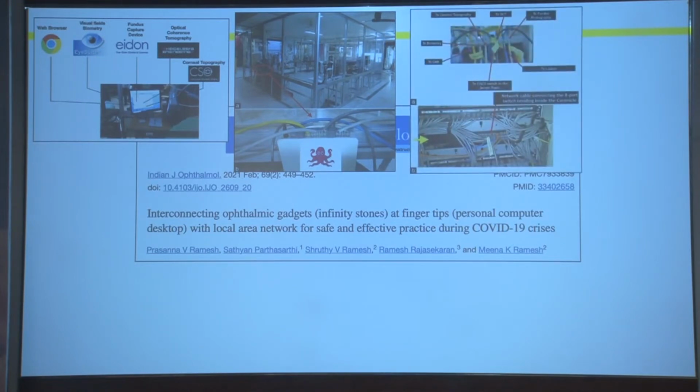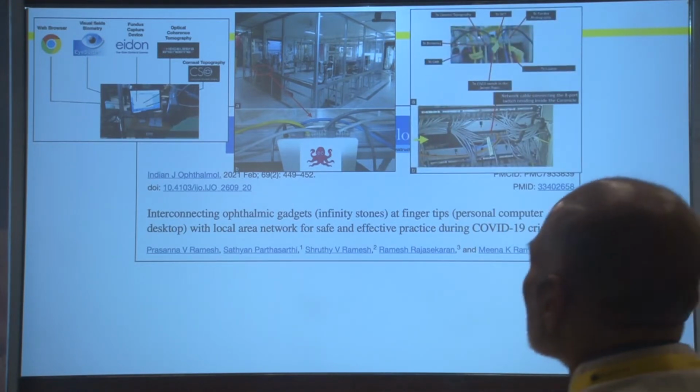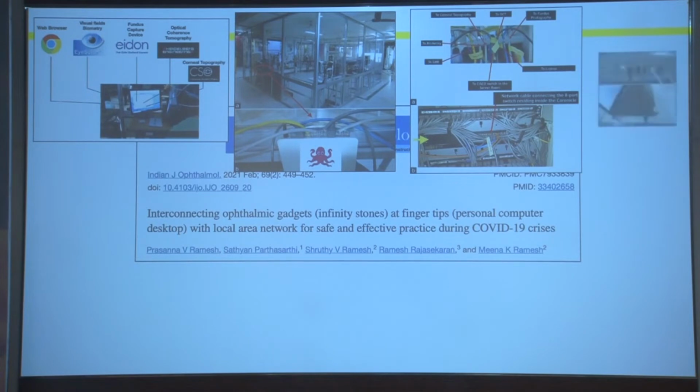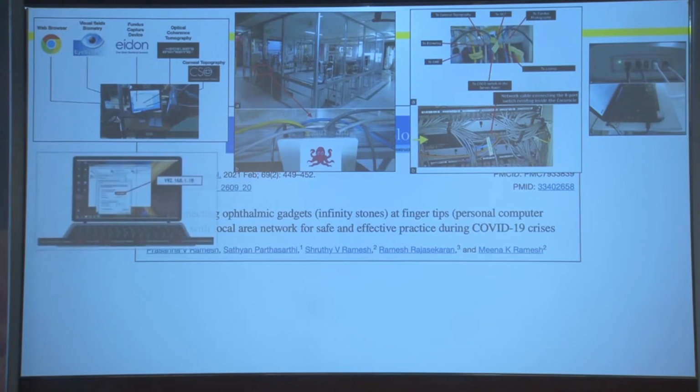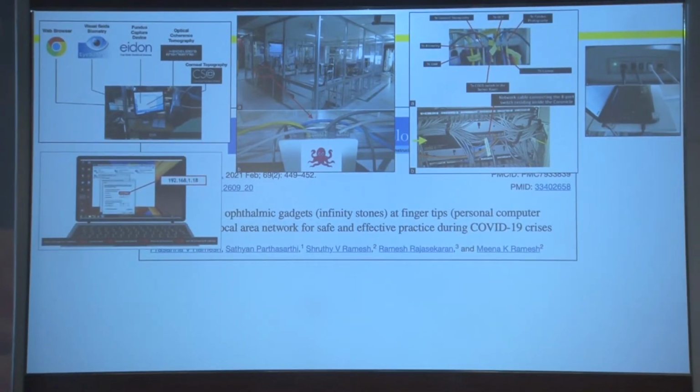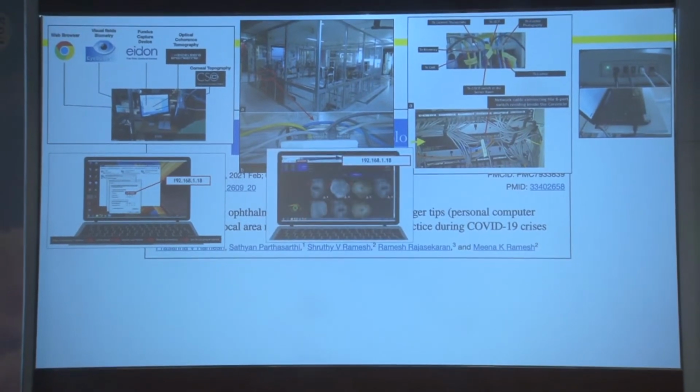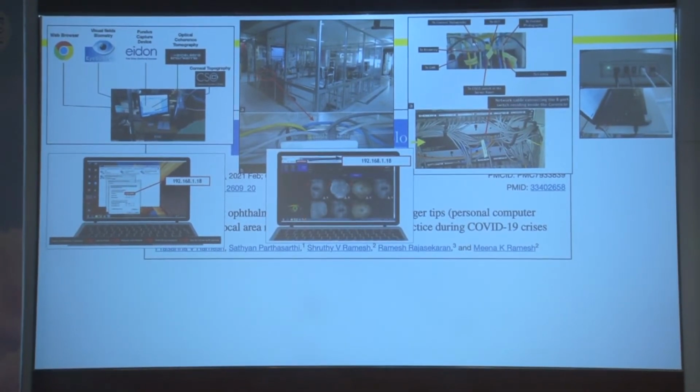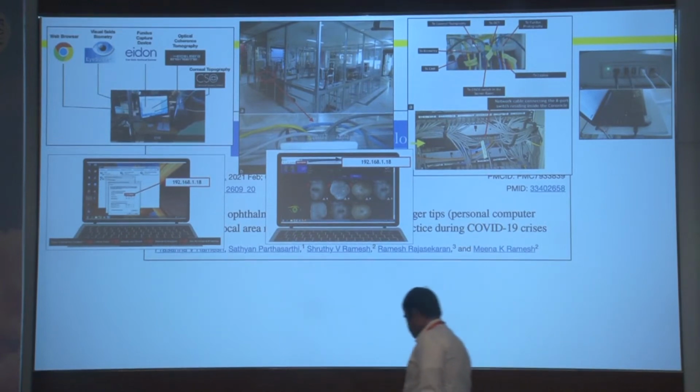And finally, we showed how to connect the technologies using the switch boxes. And then we even showed simple photos of where you're putting your LAN cable inside each machine. And finally, how to set up the IP address inside your laptop, and how to set up the IP address in your fundus camera or your Sheenfleck image or your OCT image.